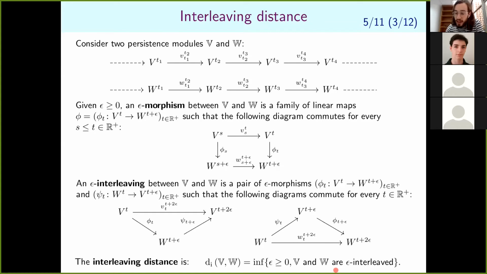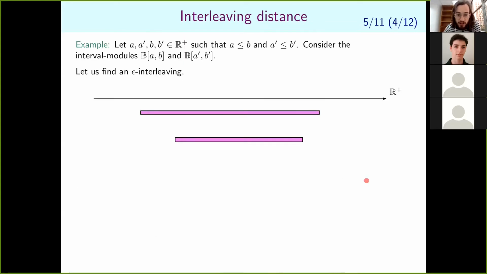Again, I would like to consider this example. We will understand a bit more what these definitions mean. I have two interval modules, the one built from the interval [a,b] and the other one from the interval [a',b'].